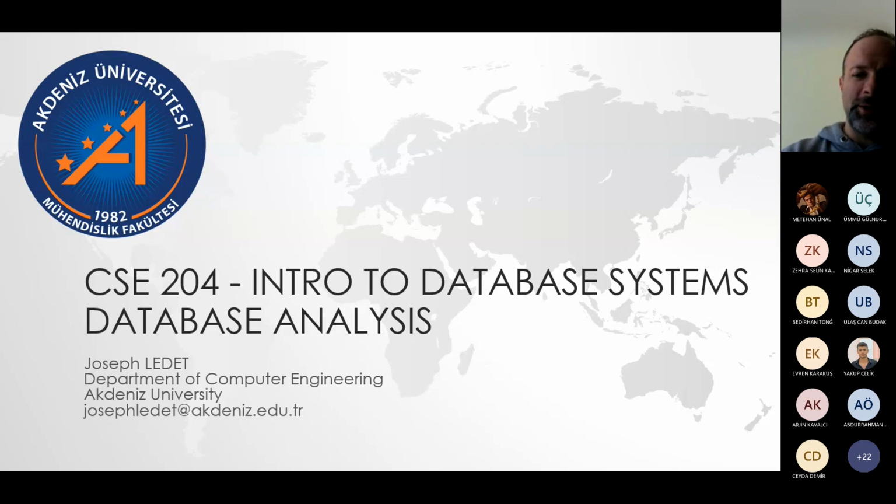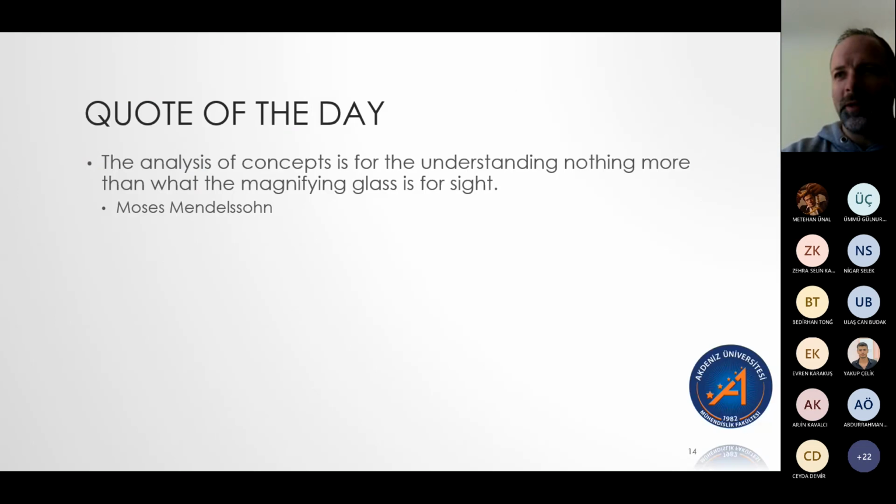But first, as always, we have a quote from a guy named Mendelssohn. He says, "Analysis of concepts is for the understanding nothing more than what the magnifying glass is for sight." And I think what we're trying to get at here is that when we analyze something, we can see a big picture.